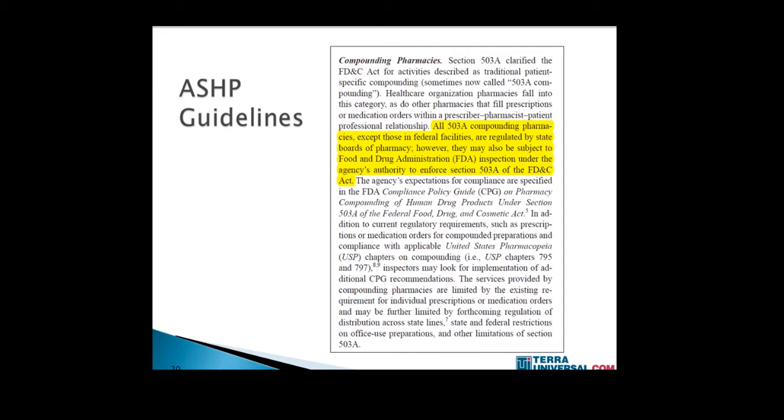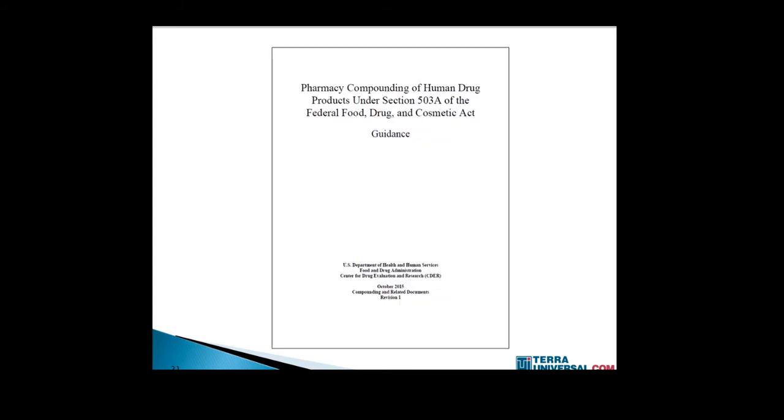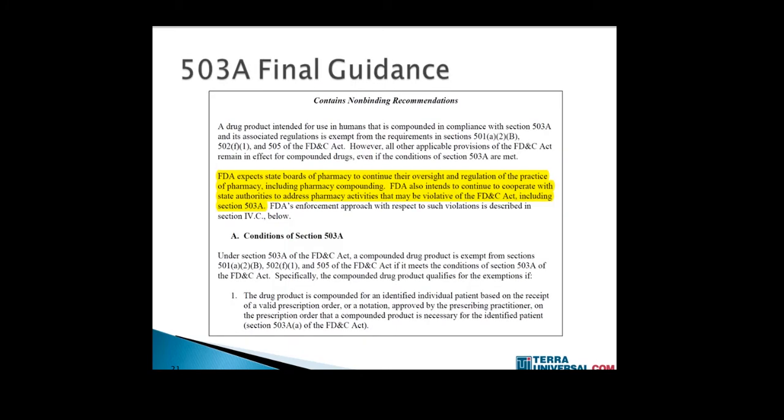Along came the FDA's final guidance document for Section 503A in this past month in October, and that's what they said. So if we get into this document, right away on page 3, the FDA makes it very clear that although they expect the state boards of pharmacy to take the lead on regulating any non-outsourcing facilities, they still retain the authority to enforce the provisions of the FDCNA for Section 503A traditional compounding pharmacies.